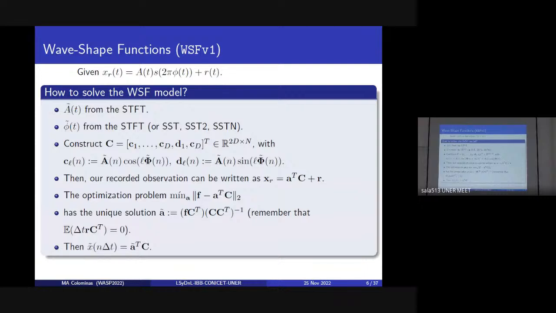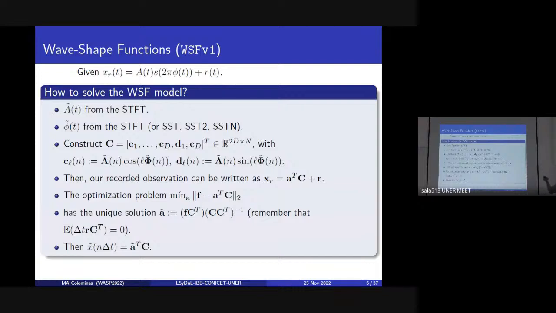And then we can, of course, reconstruct our signal at those discrete time points, just as this vector A tilde times the same matrix. That is the general idea here.